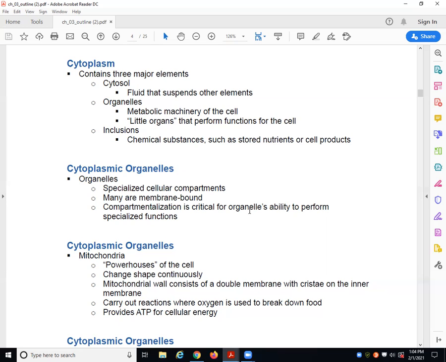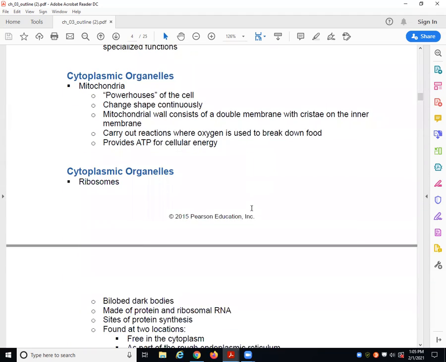The first organelle that we are going to cover is the mitochondria. Mitochondrion is singular, mitochondria is plural. The mitochondria are the powerhouses of the cell. They're the engine, essentially. Well, probably furnace is a better description. They're generating the energy. They change shape as they do this. The wall of the mitochondrion is a double membrane, just like the nuclear membrane and the cell membrane.